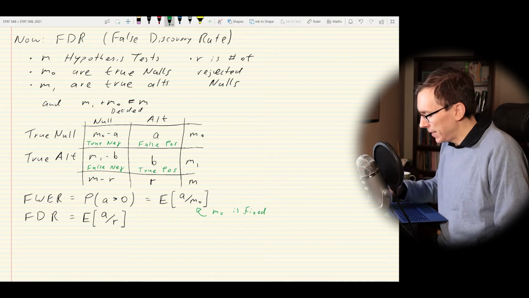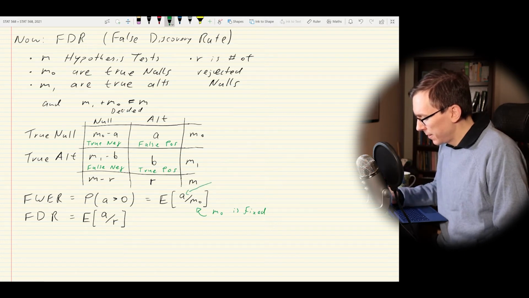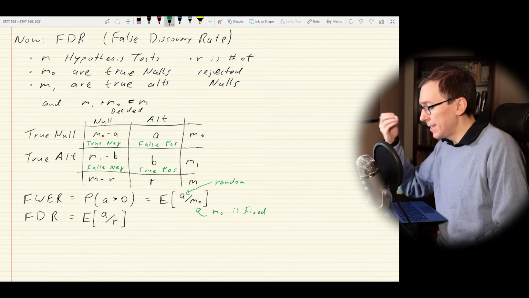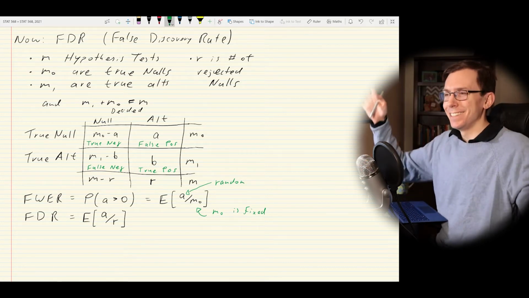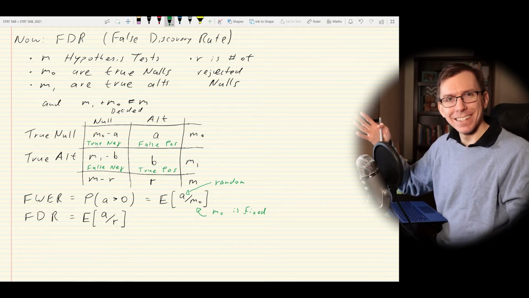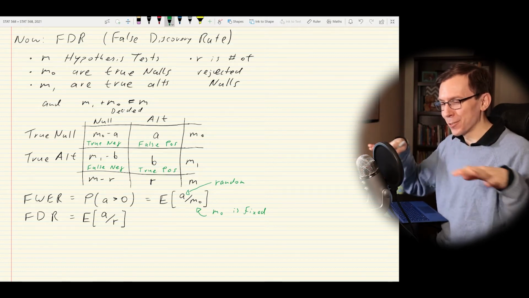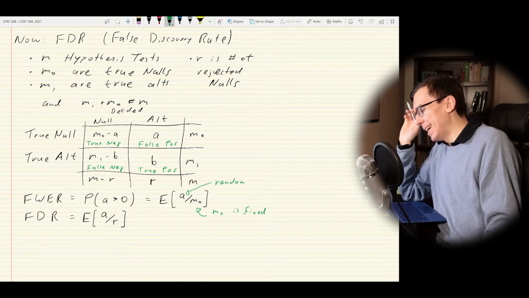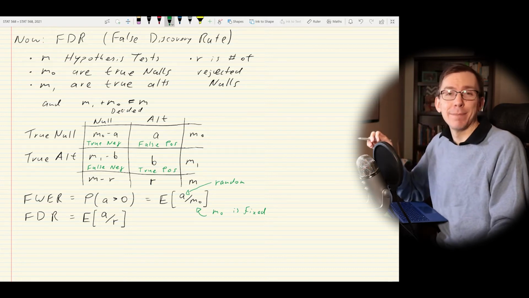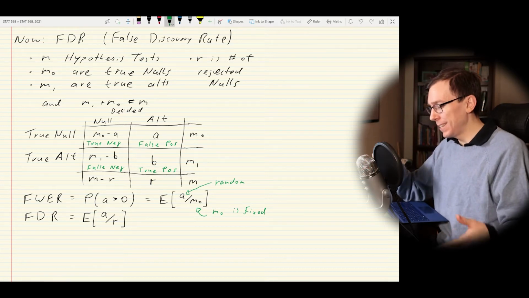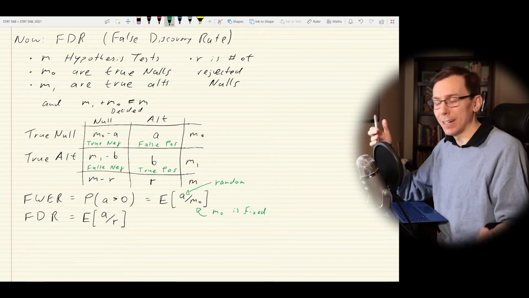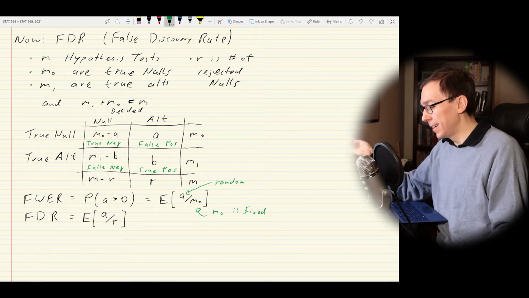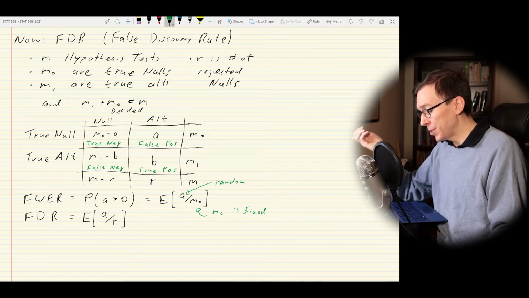A is going to be random because it's dependent on the data, right? M naught is dependent on the universe in some sense. It's dependent on the ground truth of the world. But A is random. It's dependent on the data. Depending on what the data is, we may reject more or fewer of the null hypotheses that we weren't supposed to reject.